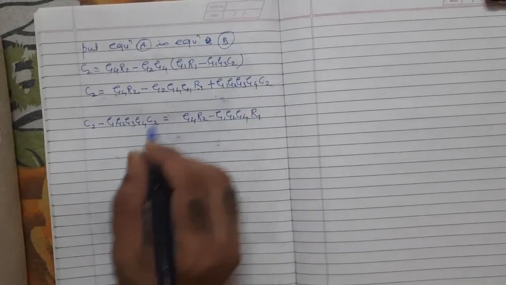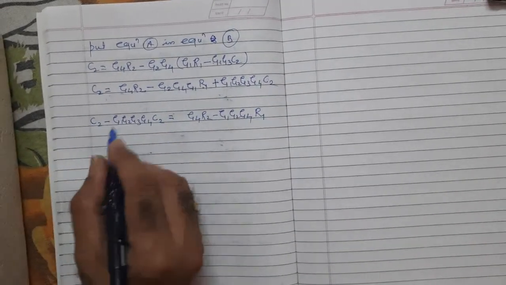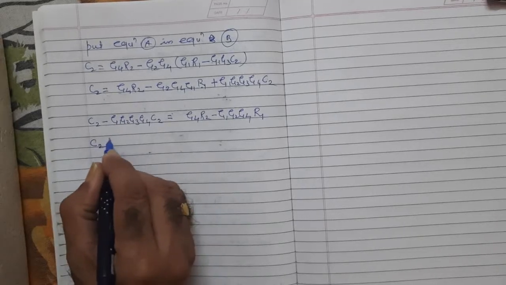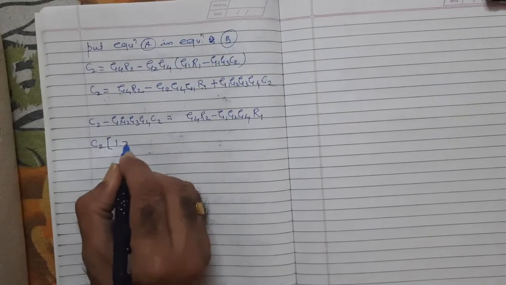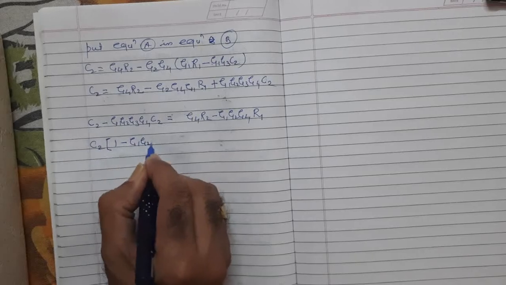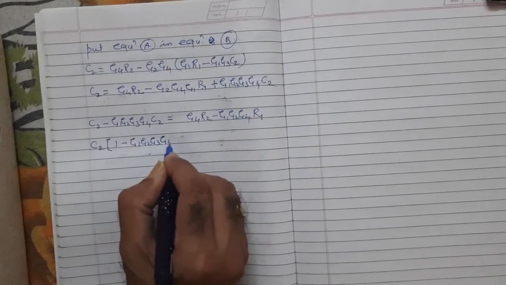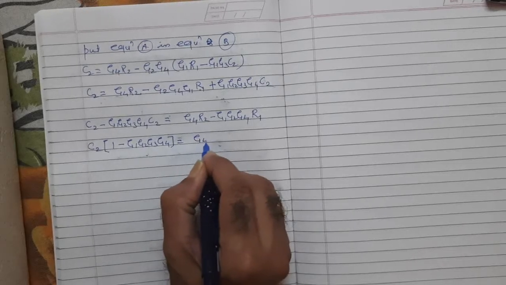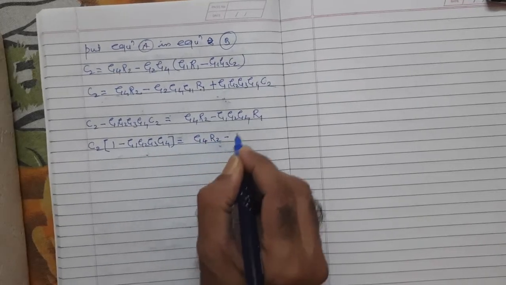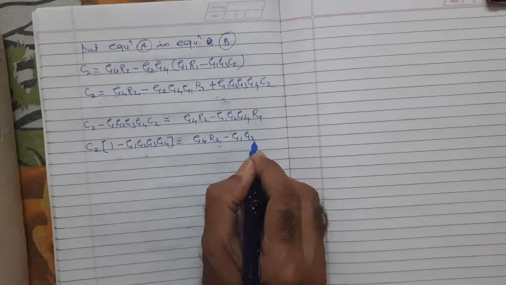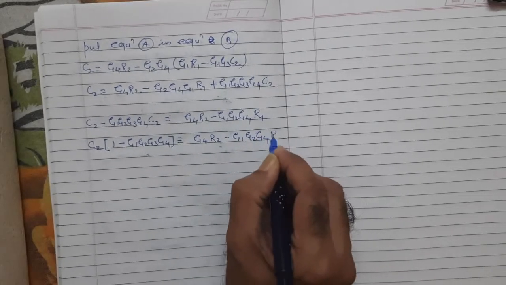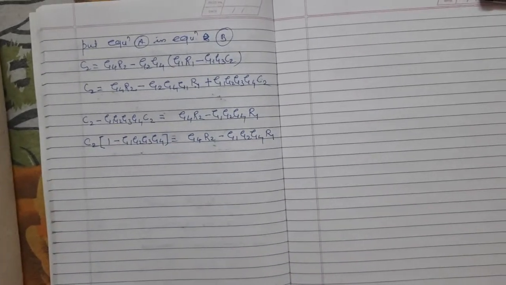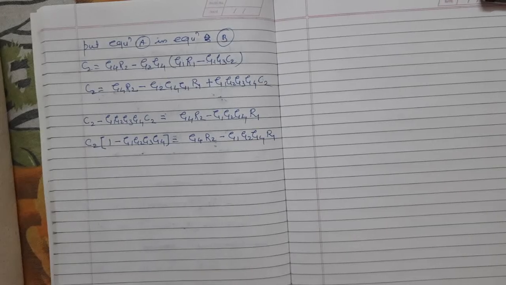C2 is common, so we take C2 outside, and this becomes C2 times (1 minus G1 G2 G3 G4) equals G4 R2 minus G1 G2 G4 R1.